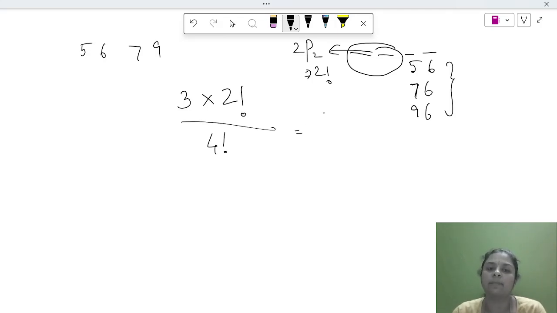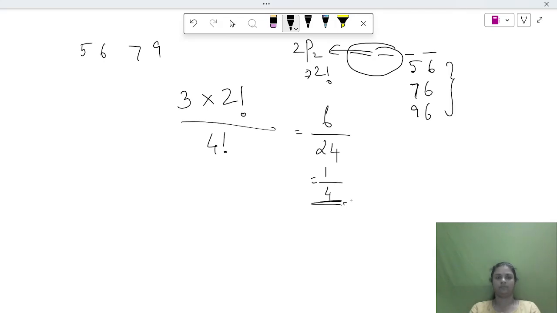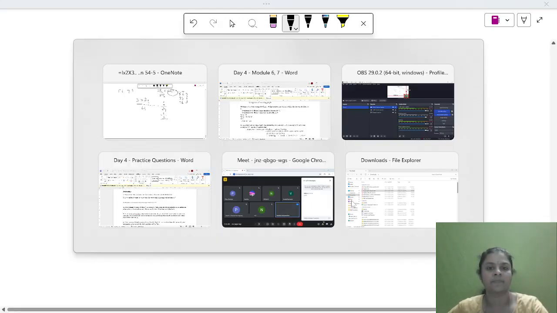So the answer will be 3 into 2, 6 by 4 factorial, 24, or 1 by 4. Is this clear, friends? Yes, ma'am. Yes.